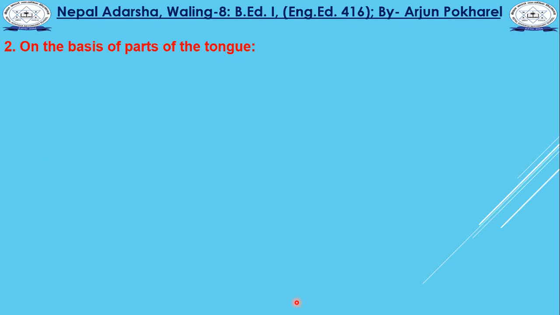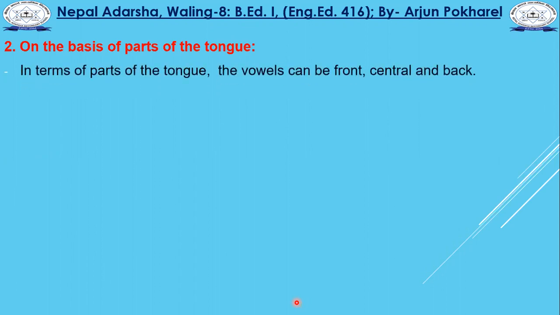The first thing I would like to start with is the parts of the tongue raised in the production of vowels. The vowels can be of three different types: front vowels, central vowels, and back vowels.